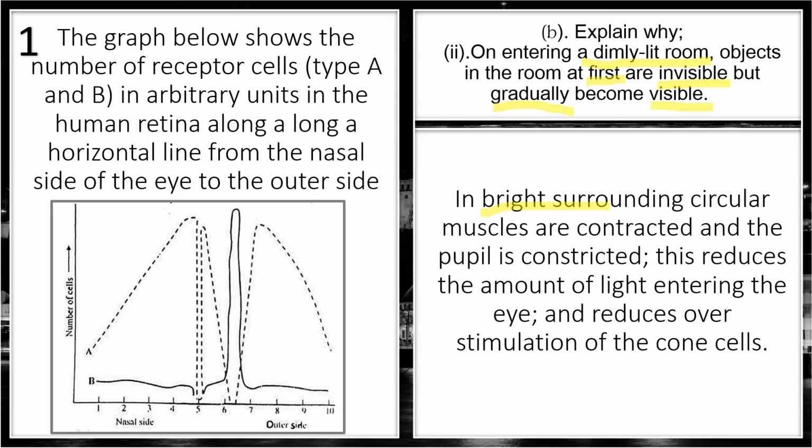In bright surroundings, circular muscles are contracted and the pupil is constricted. This reduces the amount of light entering the eye. It reduces overstimulation of the cone cells.